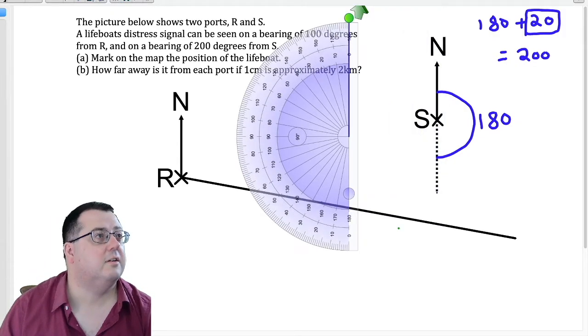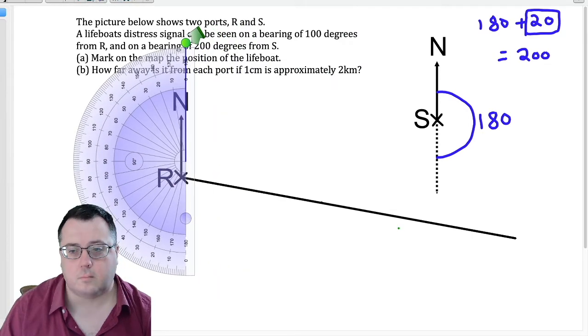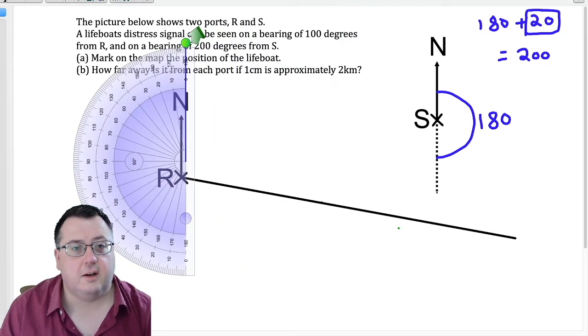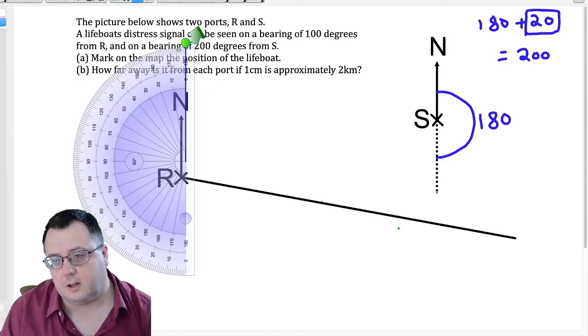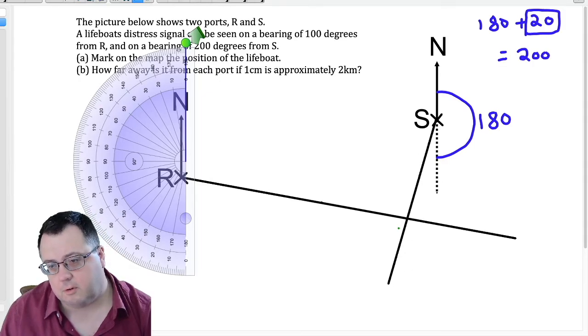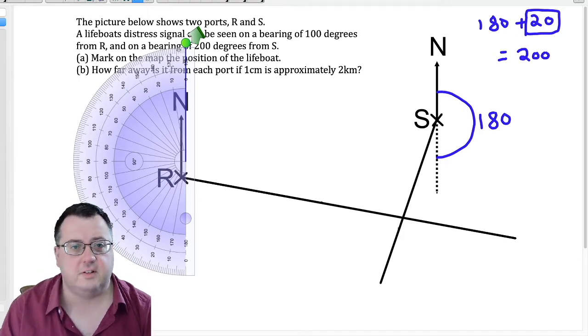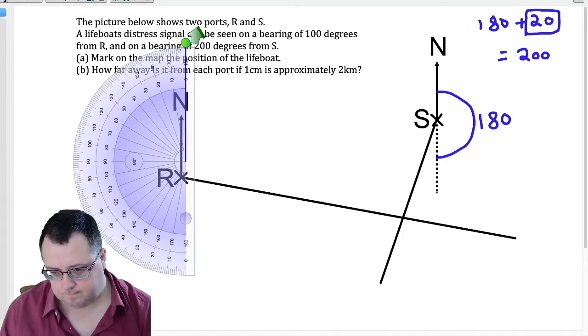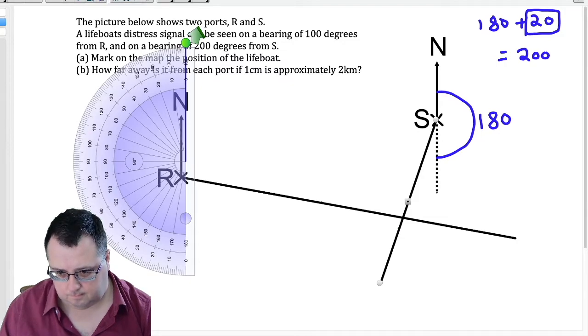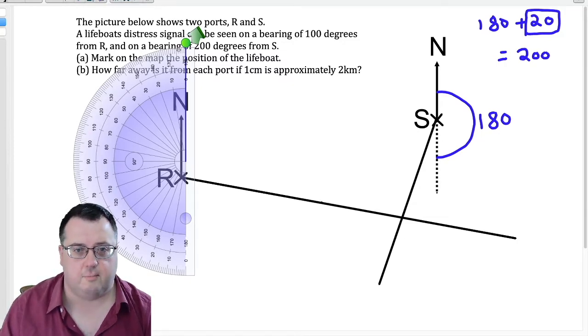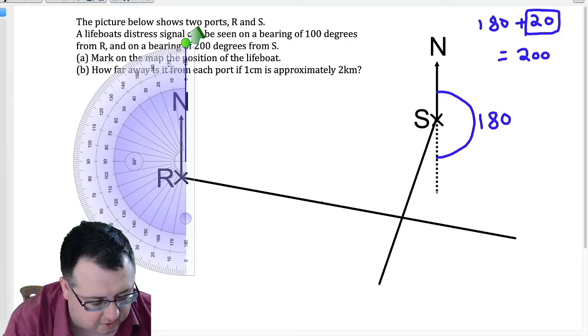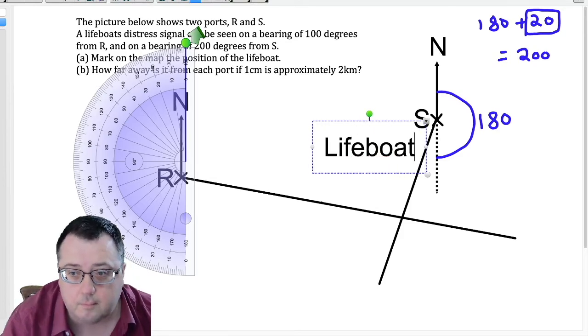Move my protractor. I can now create a line going through the green dot and the point of intersection is the lifeboat. So I can put that in.